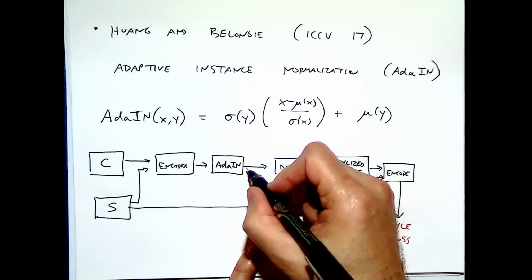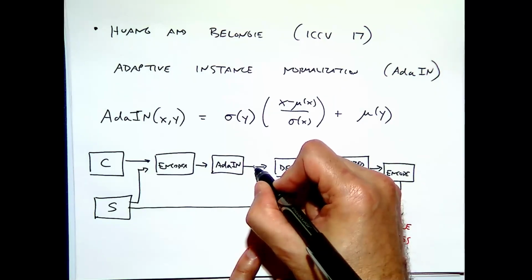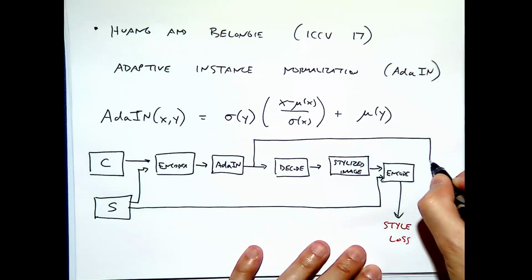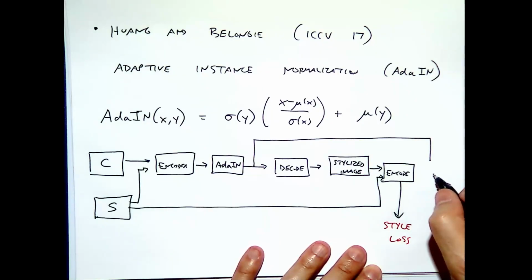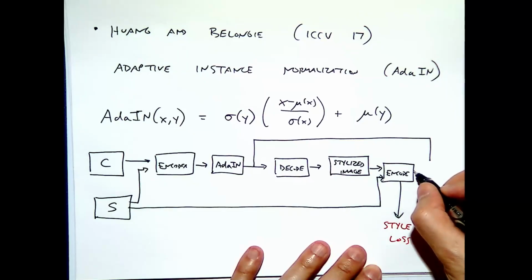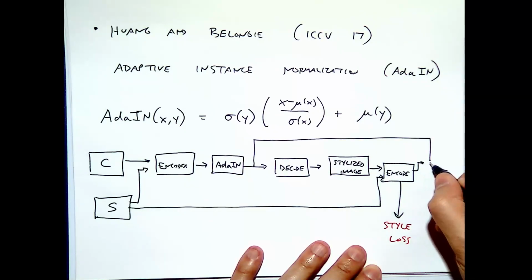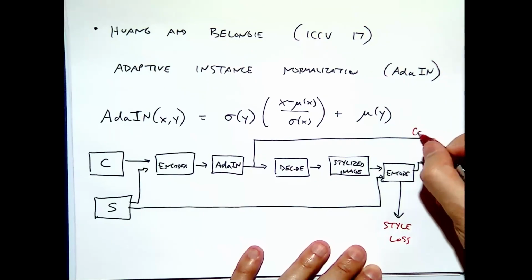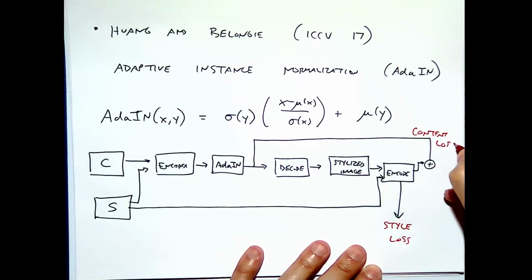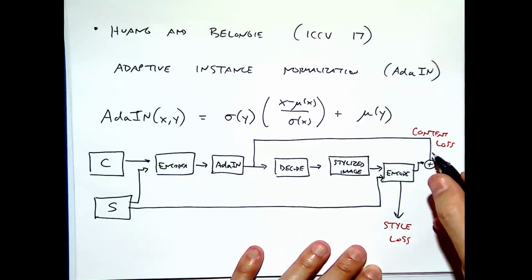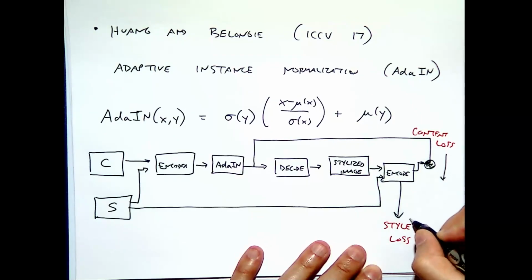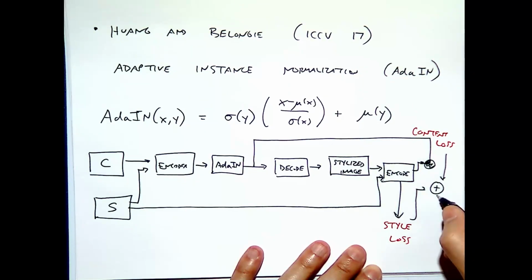And then this part here is producing the content loss. Or maybe it's not plus, it's just a box, sorry. And then these two things are added together to produce the total loss.